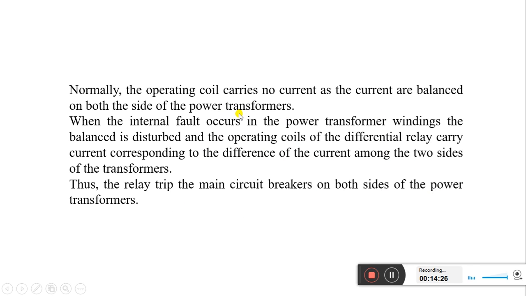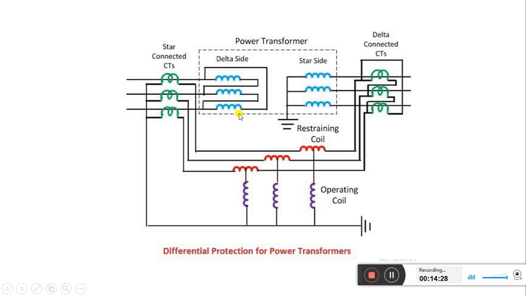So the same thing I have defined here with the help of a circuit diagram: during normal conditions the current remains balanced on both sides of the CTs, so there is no difference of current flowing in the operating coil.